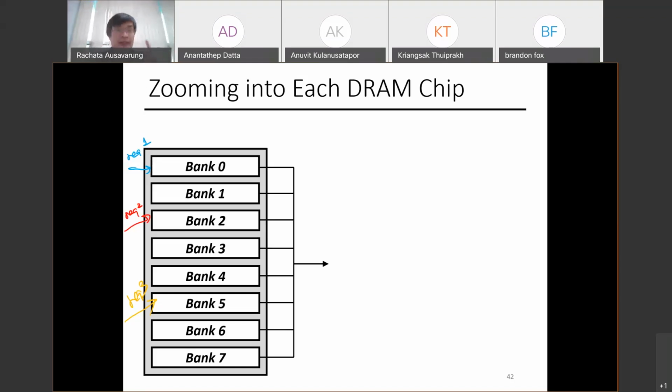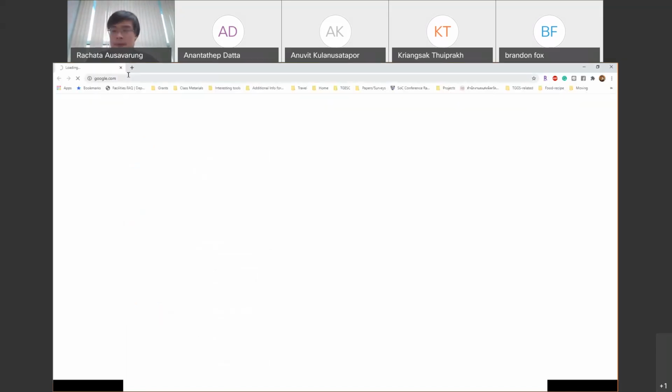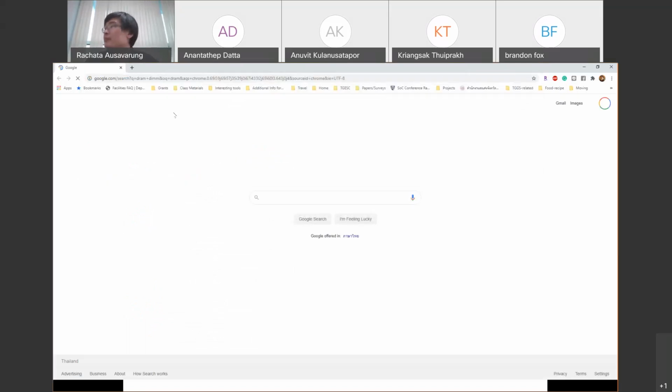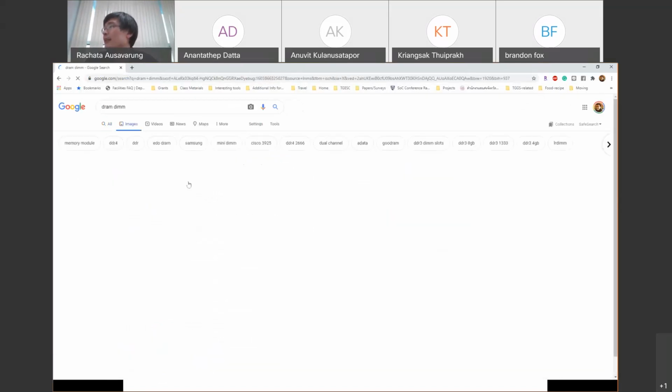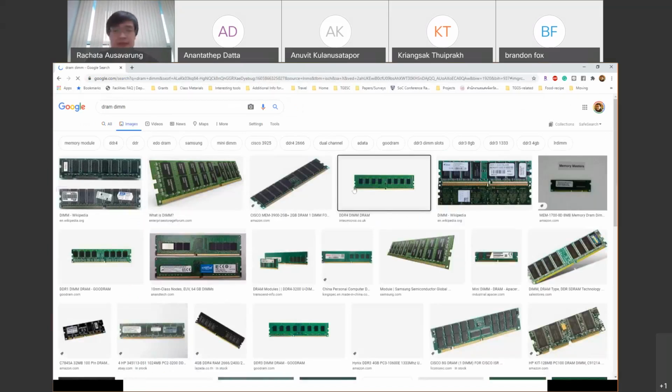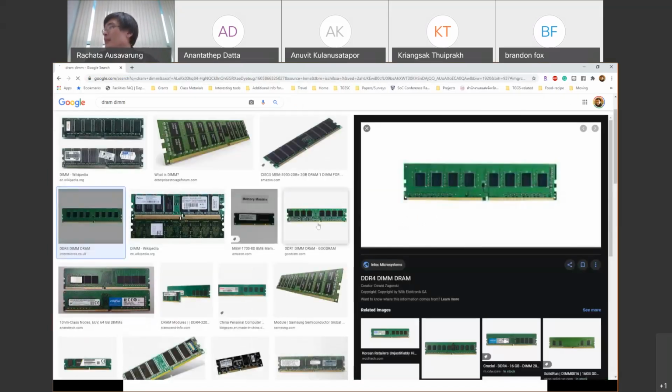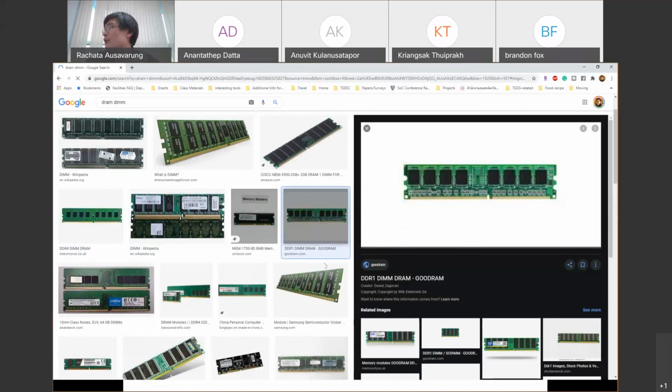Then you see there are 8 chips on DRAM. If you look at the picture of DRAM, I'm going to show you quickly here. There are 8 chips, right? Something like this, or this, or 16.